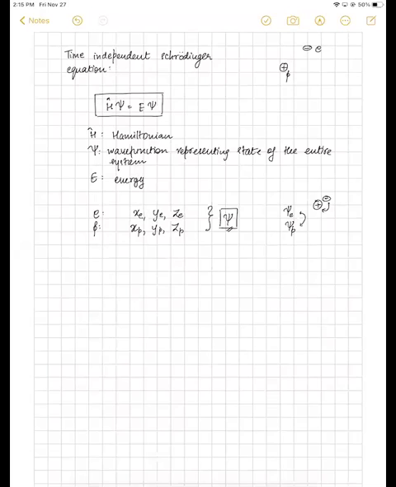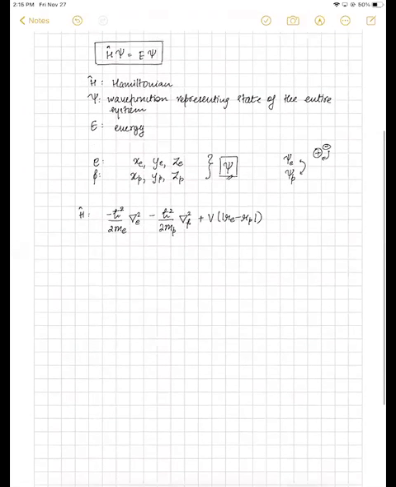Okay, so let's now write down the Hamiltonian for our hydrogen atom. And now we're going to have 2 kinetic energy components, one for the electron and one for the proton. So we're going to have h bar squared by 2 me delta E and h bar squared by 2 mp delta P. And we're going to have a potential energy component, which is going to be a function of the distance between the electron and the proton.